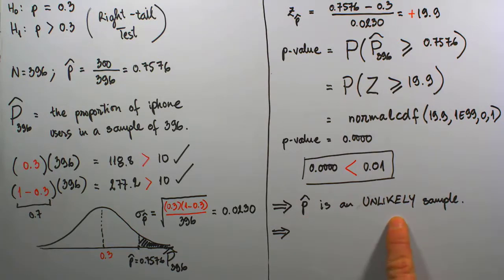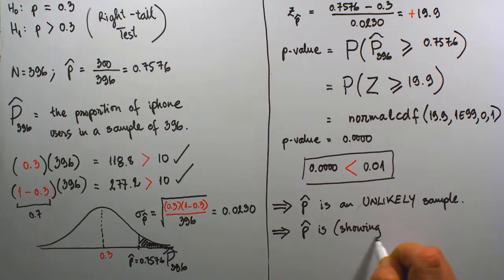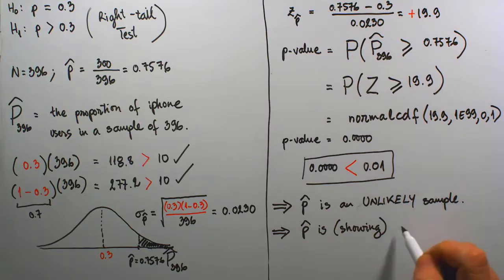But here we simply take that as a rule that anytime we prove that our p-hat, our sample, is an unlikely sample, then it immediately leads to the next important conclusion that our current sample, the lowercase p-hat, the sample proportion, is showing, or a lot of times you can just say directly, p-hat is a strong evidence.